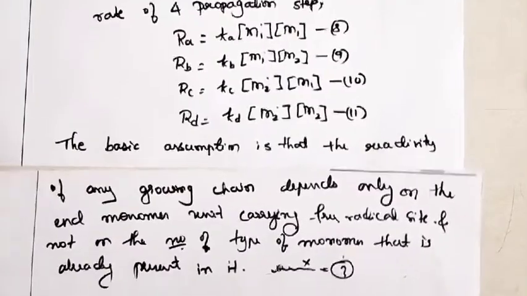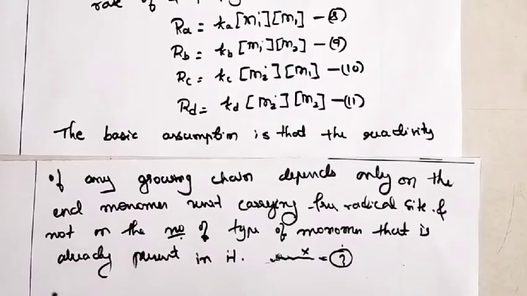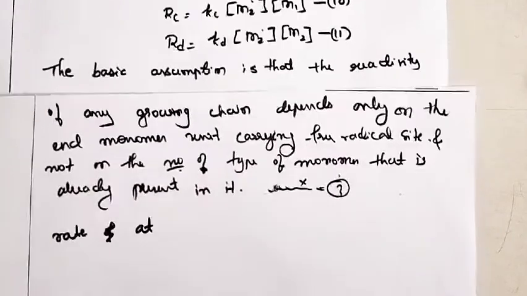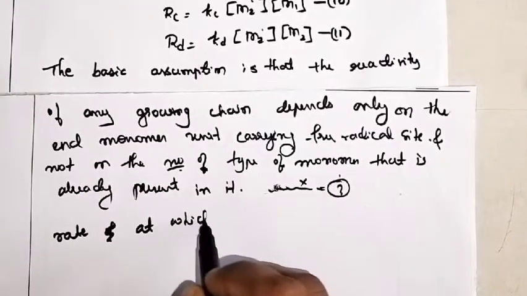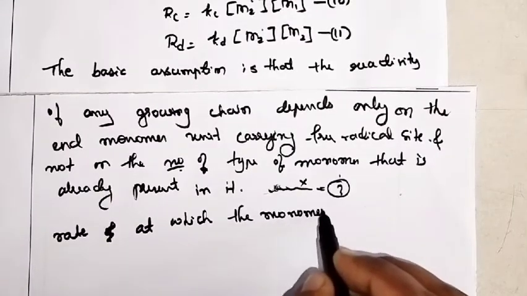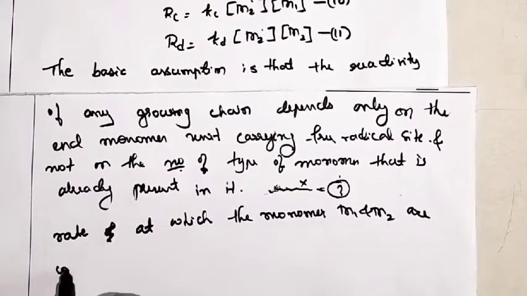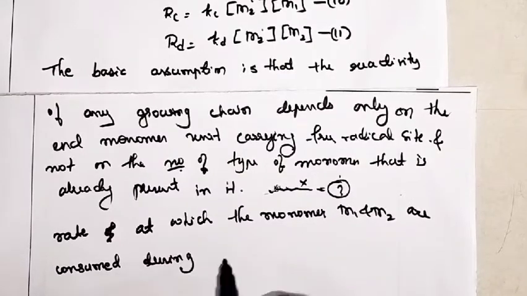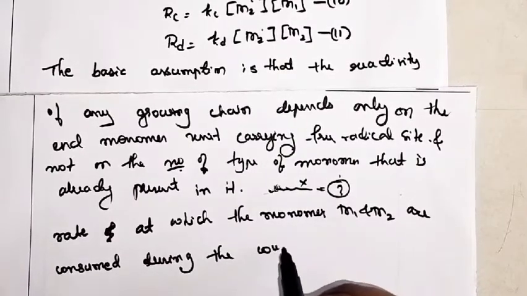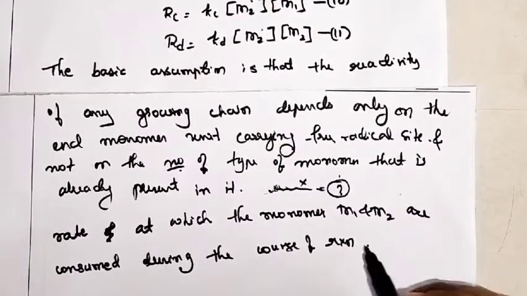So according to this basic assumption, we say that the rate at which the monomers M1 and M2 are consumed during the course of the reaction, which reaction?